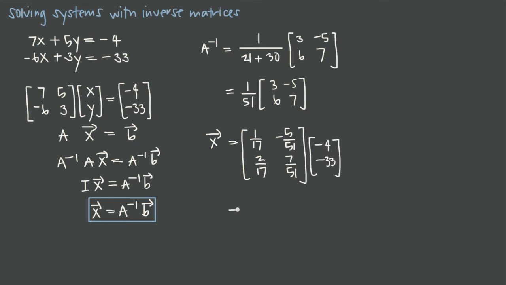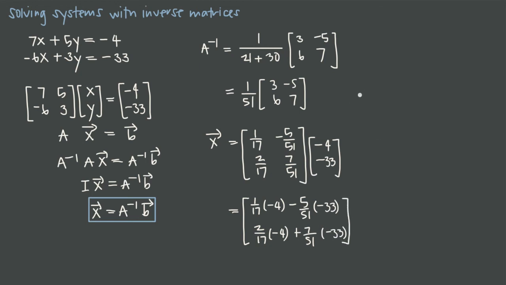So the result here for the vector x, we'll get 1/17 times -4, and then plus a -5/51, so we'll just say minus 5/51 times -33. Then we'll get 2/17 times -4, plus 7/51 times -33.